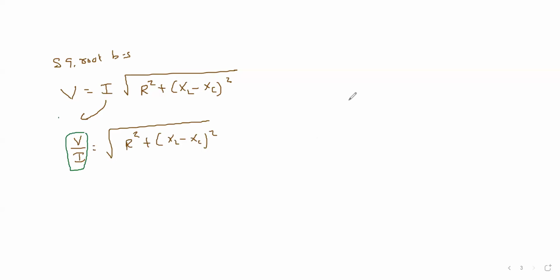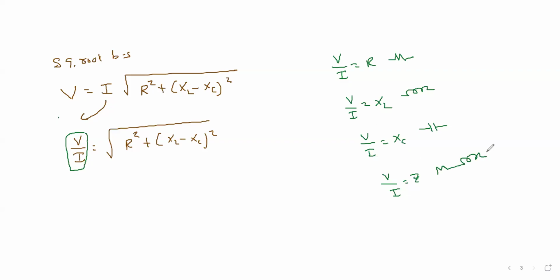So V by I is equal to R in the case of a resistor, V by I is equal to XL in the case of an inductor, V by I is equal to XC in the case of a capacitor, and V by I is equal to Z in the case of resistor, inductor, and capacitor. So V by I equal to Z, and Z is equal to square root of R square plus XL minus XC the whole square.